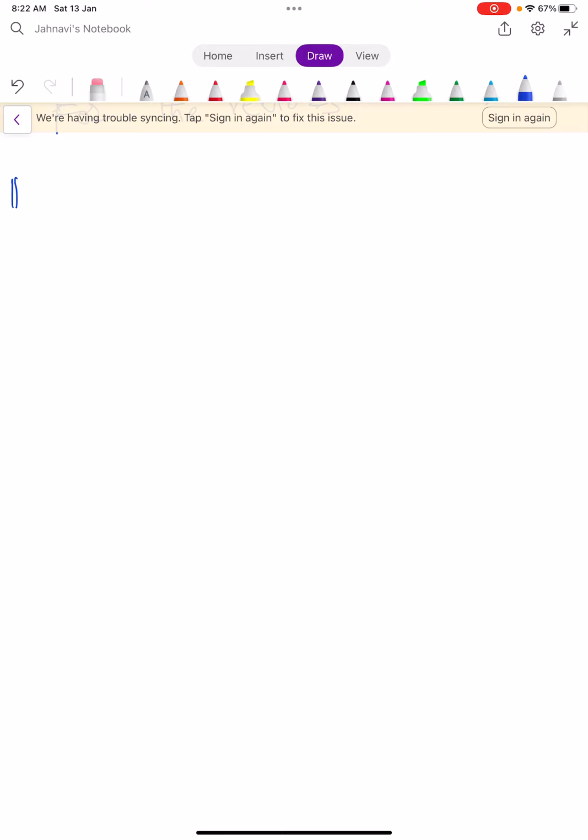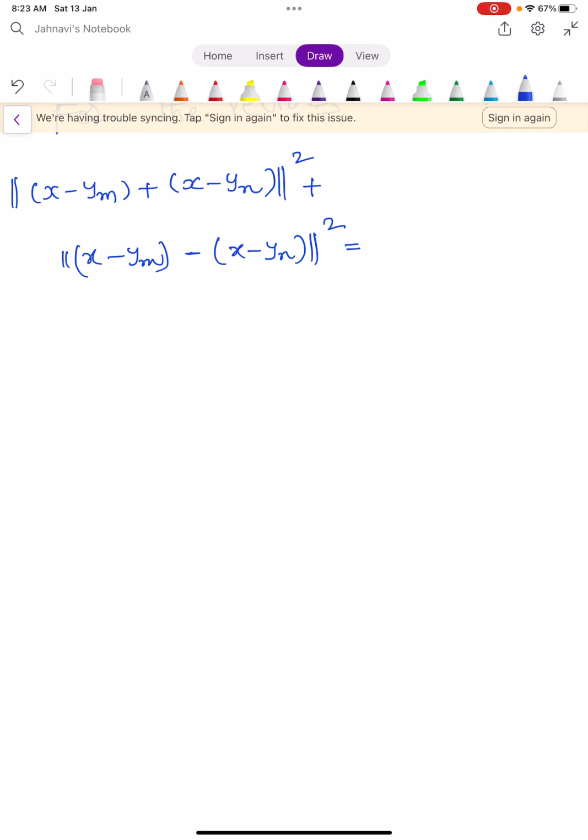So you can write like this: norm x minus ym plus x minus yn whole square plus norm x minus ym minus x minus yn whole square is equal to 2 into norm x minus ym whole square plus 2 into norm x minus yn whole square.